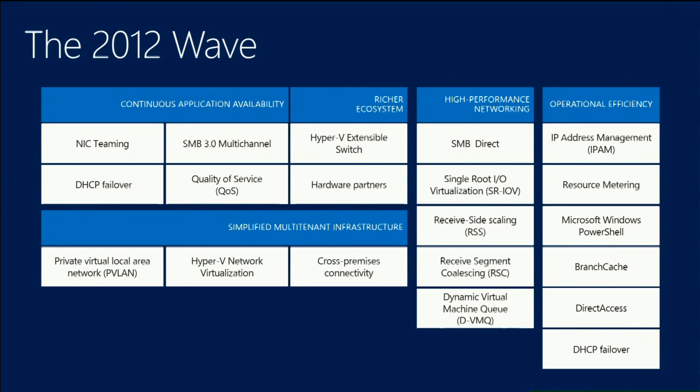And finally, we had a set of core infrastructure and automation-related enhancements with a large number of PowerShell scripts that we built in 2012, System Center VMM, and then areas such as branch cache and direct access. So this was the 2012 wave, a wave that was intended to allow us to set up a foundation for us to look forward and invest into the future.